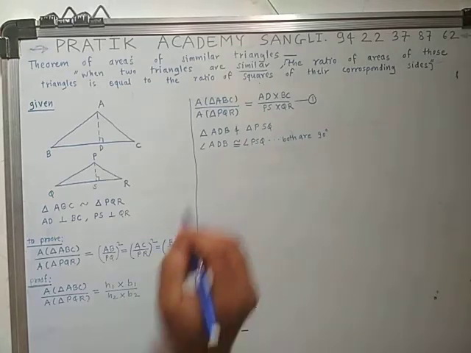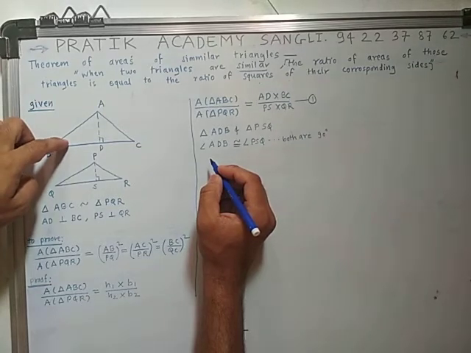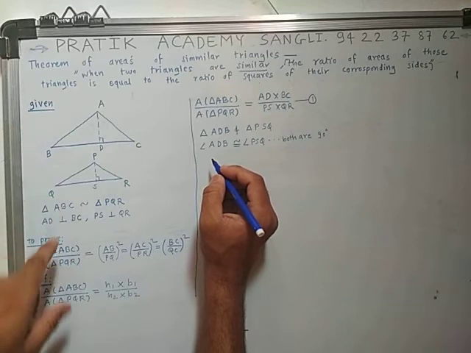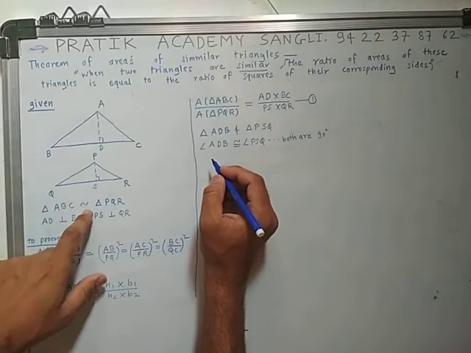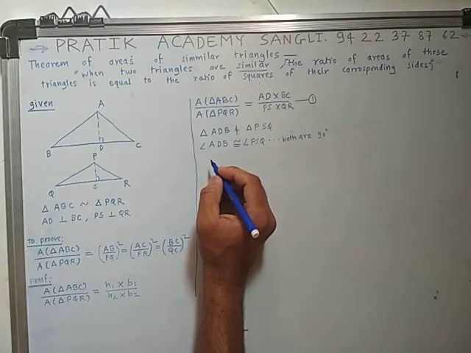Then if you consider angle B, it will be congruent to angle Q because it is given that ABC is similar to PQR, therefore corresponding angles must be congruent.